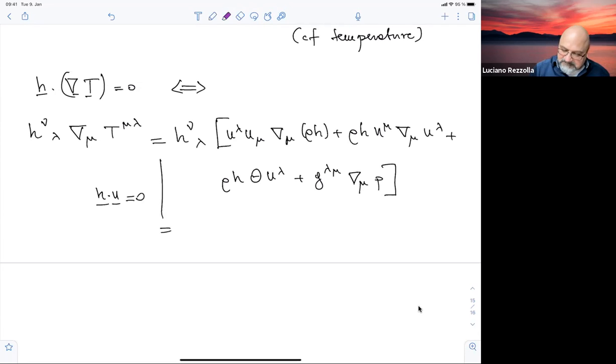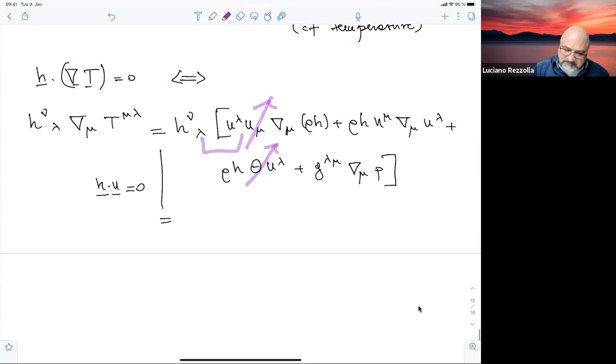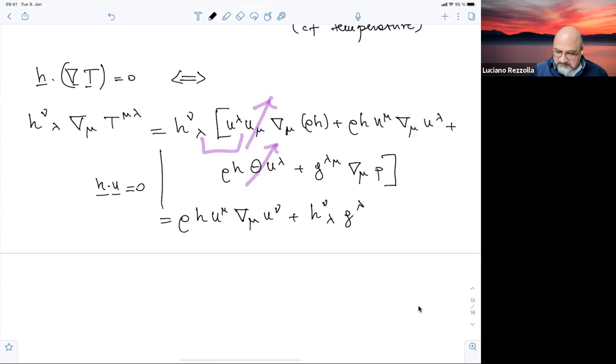So this guy is 0 because I'm contracting λ and λ. This guy is also 0. So what I'm left with is the following: ρh u^μ ∇_μ u^ν + h^ν_λ g^λμ ∇_μ p, and that's to be equal to 0.